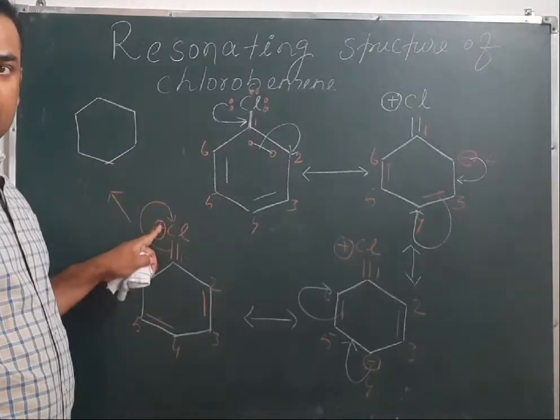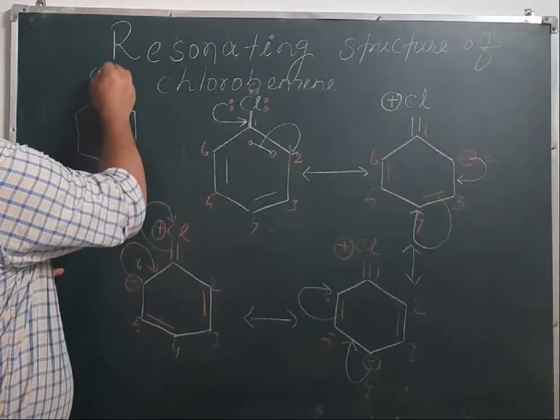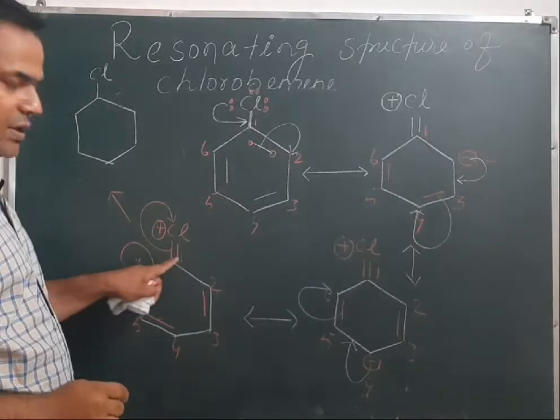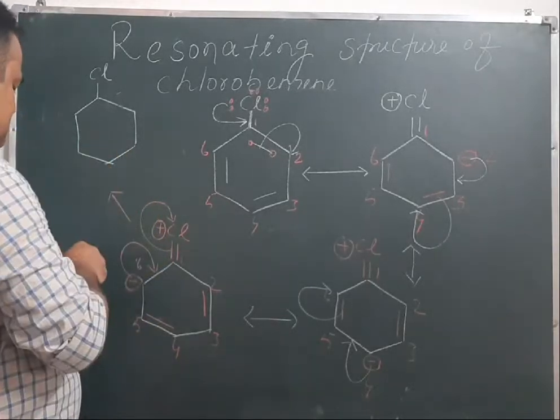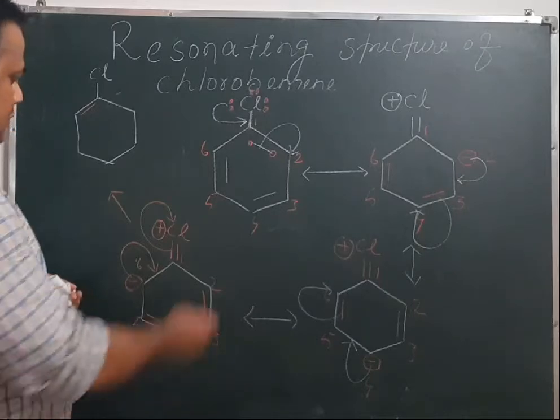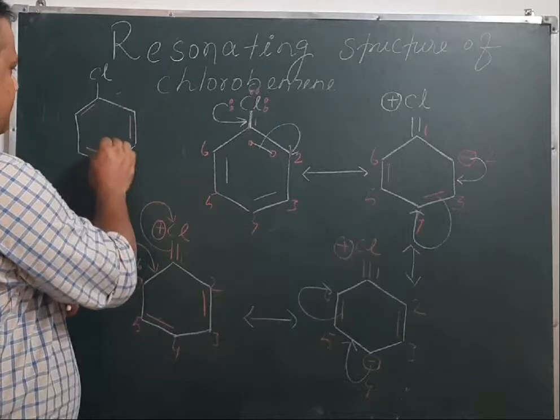Now the positive charge of this chlorine atom will get neutralized, and we'll have a Cl single bond. There will be a double bond between carbon number 1 and carbon number 6, and the rest of the bonds will remain the same, 2, 3 and 4, 5.